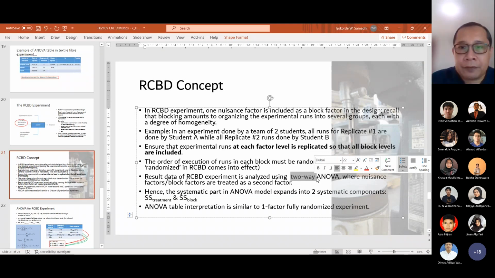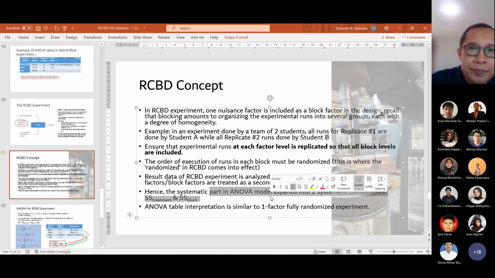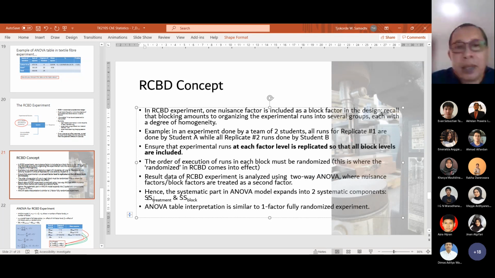So it is as if we are doing a two-factor experiment, but one factor is the experimental factor, and the other one is the nuisance factor or the block factor. So now the systematic part in the ANOVA model becomes two: SS treatments and SS block.